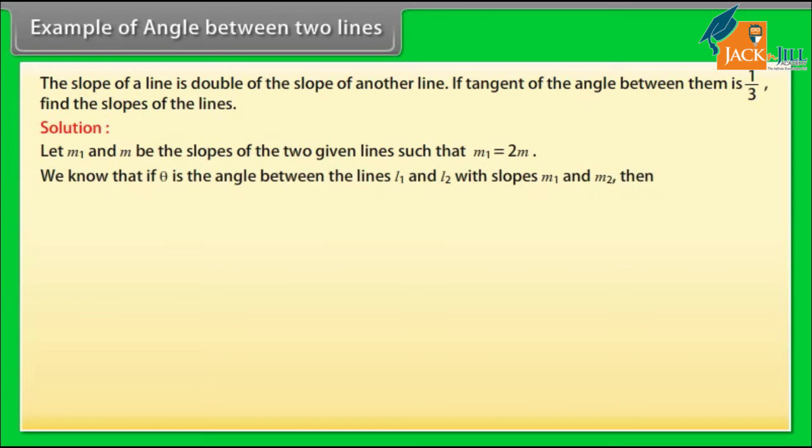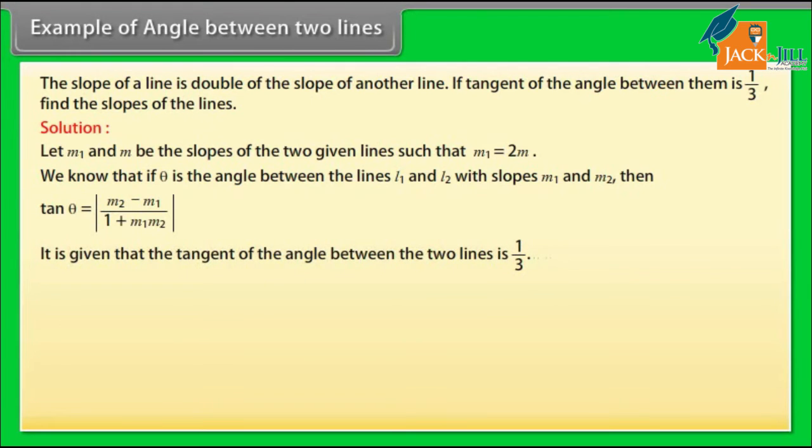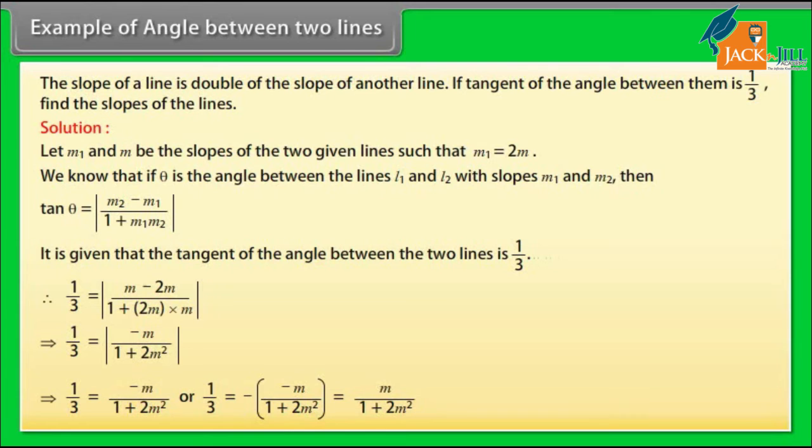We know that if theta is the angle between the lines L1 and L2 with slopes m1 and m2, then tan theta is equal to modulus of (m2 minus m1) divided by (1 plus m1 m2). It is given that the tangent of the angle between the two lines is 1/3. Therefore, 1/3 is equal to modulus of (m minus 2m) divided by (1 plus 2m into m).